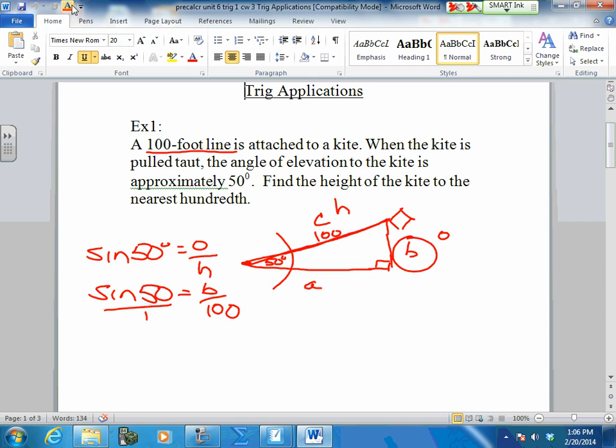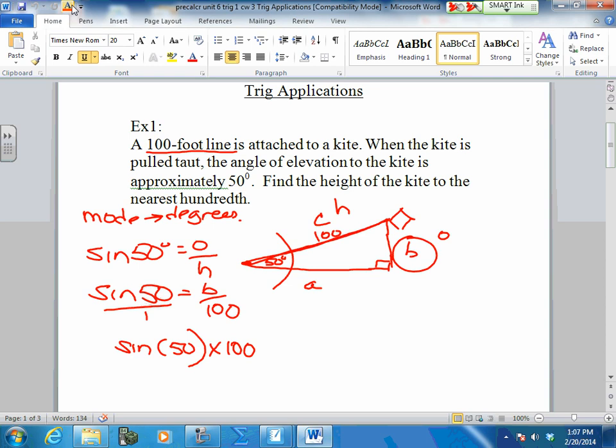So now, when we get here, we're going to cross multiply, right? To solve for B? Two things. The mode has to be degrees. Secondly, when you cross multiply this, you get a parentheses with your 50. You need to close it before you multiply by 100. Otherwise, you'll be multiplying the angle by 100.